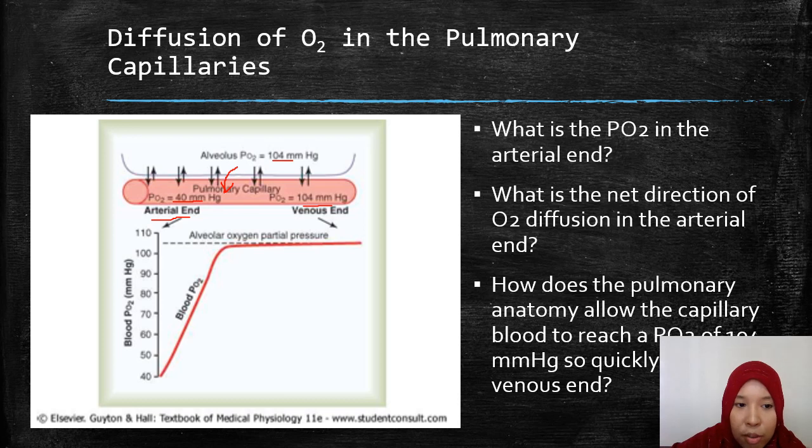If you look at the graph here, you can see that the concentration slowly increases. It starts off with 40 here, and as it moves toward the venous end, the level of oxygen slowly builds up because of the partial pressure gradient. Towards the end you have the partial pressure of oxygen the same as the one in the lung.